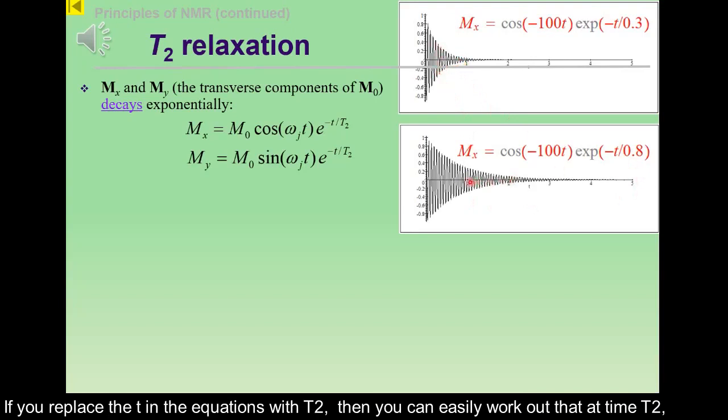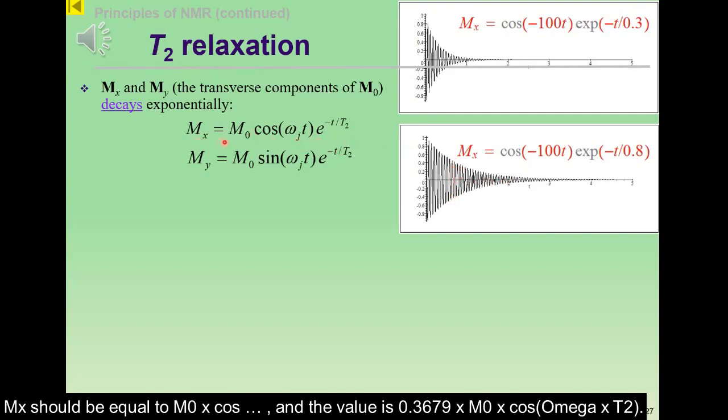If you replace the t in the equation with T2, then you can easily work out that at time T2, Mx should be equal to M0 times cosine omega T2 times e to the power of minus 1, because t here has been replaced by T2. And the value is 0.3679 times M0 times cosine omega T2.